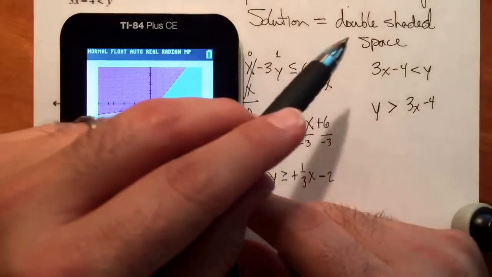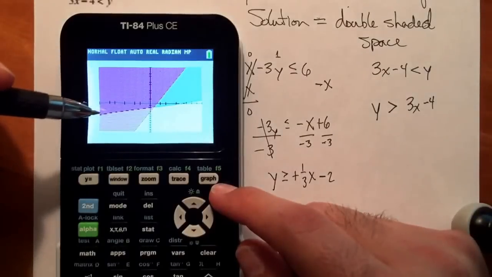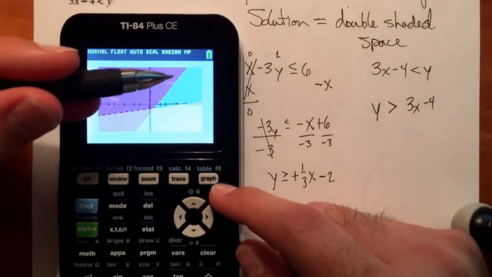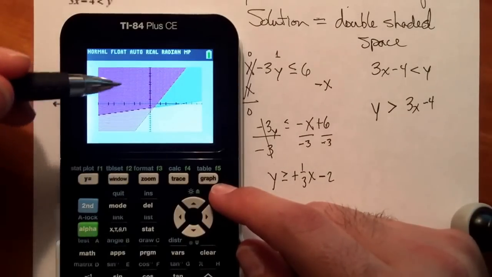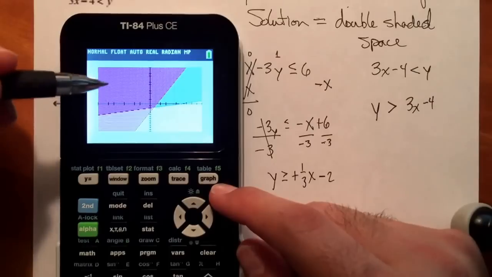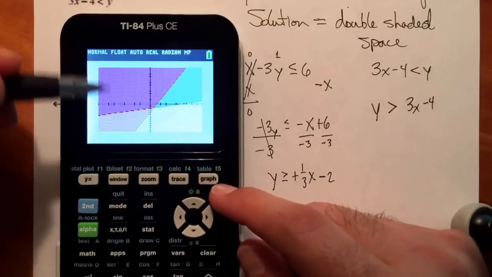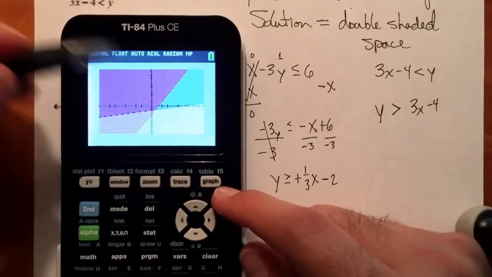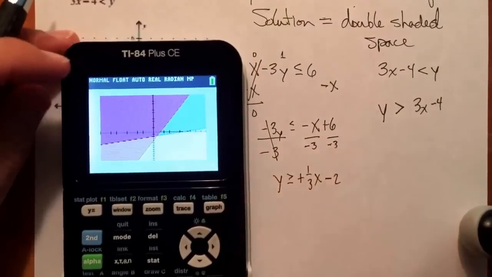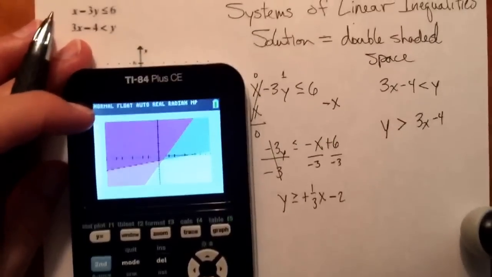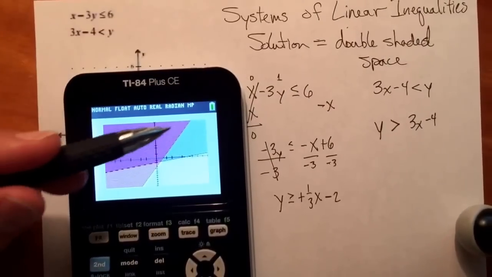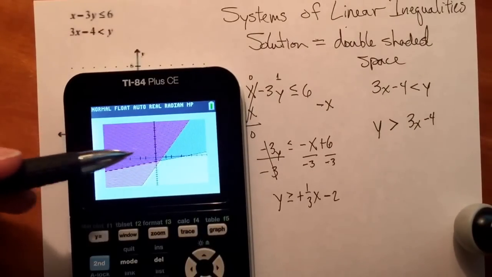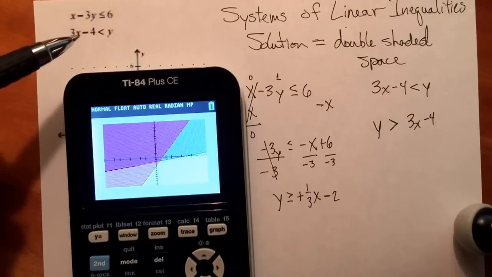But remember, the solution is the double shaded area, which means all the points that are both blue and red to make the purple, all of these points in the purple are solutions to this system of linear inequalities. So this whole area right here is the answer to this problem.